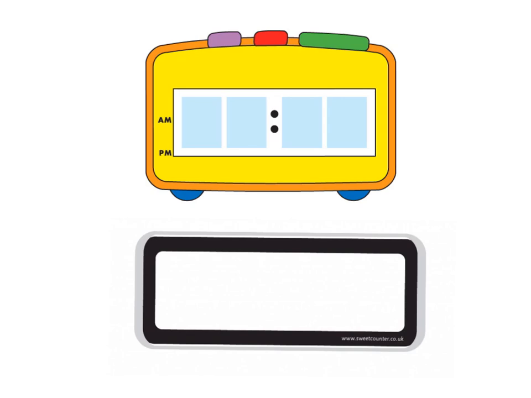Now digital clocks just have the numbers displayed on the screen. So if I was going to put in a time, here's an example. This number here actually tells me the hour.